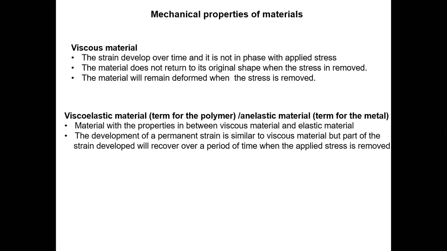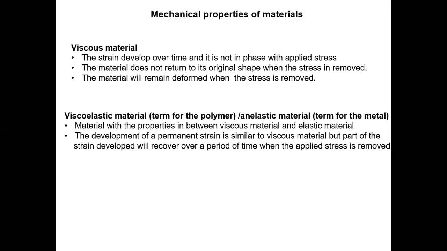So earlier, when you apply a force, the strain develops at the moment, instantaneously, right? But in viscous material, once you apply the force, the strain doesn't develop very quickly. The strain develops over a time period, and it is not in phase with the applied stress.